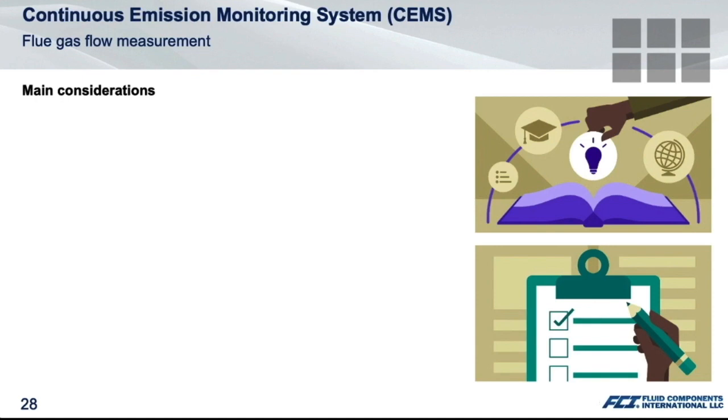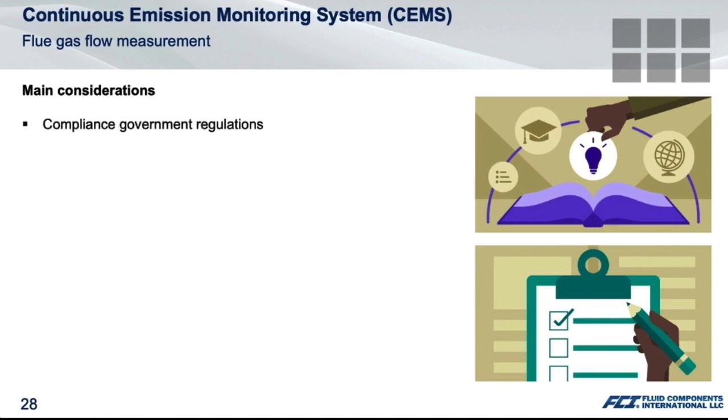To monitor emissions, process industry plants install sophisticated CEMS systems, but these can be ineffective if the flow meters selected, on which they rely, deliver inaccurate or unreliable data. The following slides will provide some additional guidance to select the proper flue gas flow measurement for your stack.